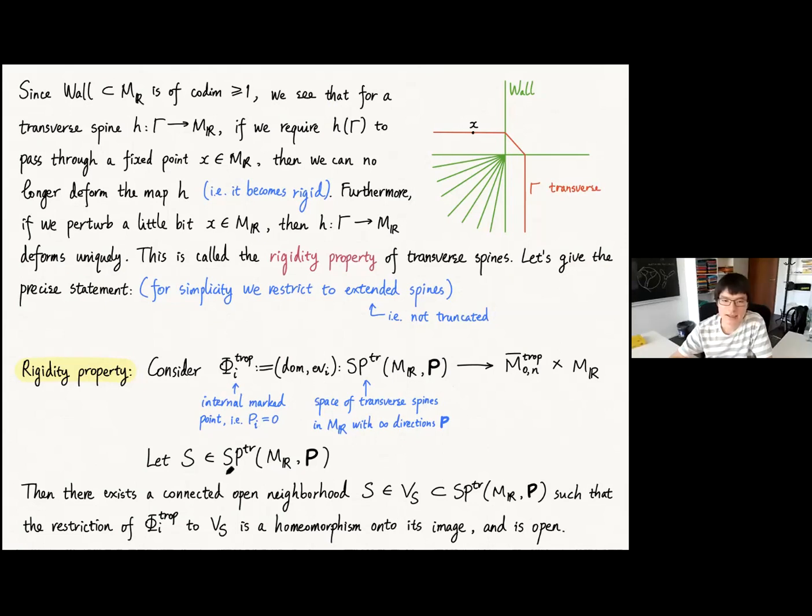And let S be a transverse spine inside this space. Then there exists a connected open neighborhood Vs of S inside this space of transverse spines, such that the restriction of phi I trop to Vs is a homeomorphism onto its image and is open.